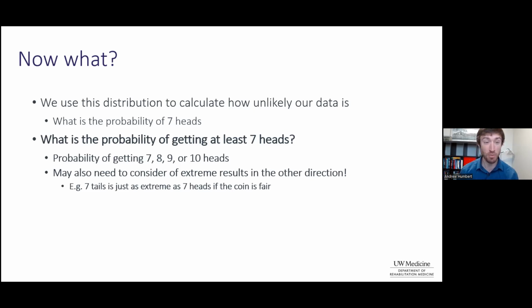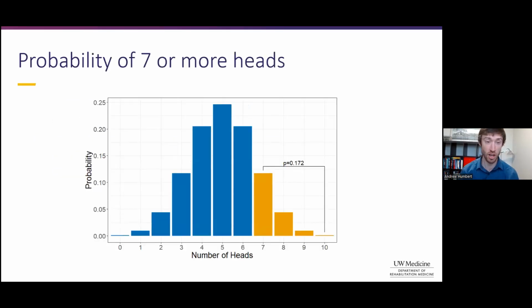We have to look at it in the opposite direction, which would be 3, 2, 1, or 0 heads, the extremely low rather than extremely high. But just focusing on that upper half, we see that the probability of 7, 8, 9, or 10 heads is about 17%. And that's just adding up the probability of 7 heads, the probability of 8 heads, the probability of 9 heads, and the probability of 10 heads.